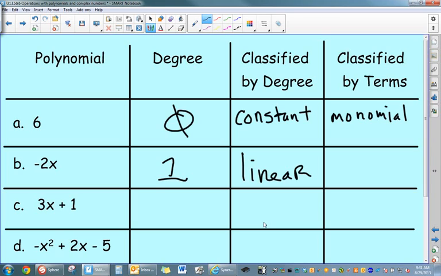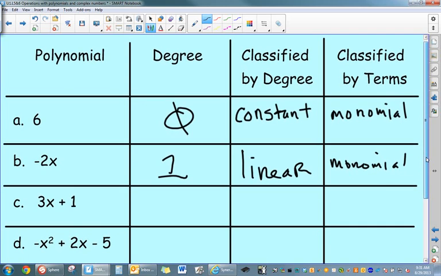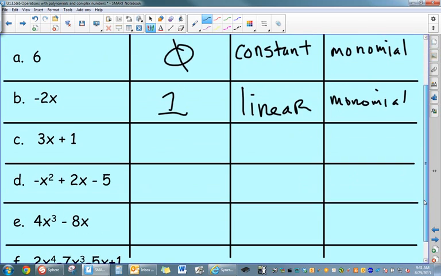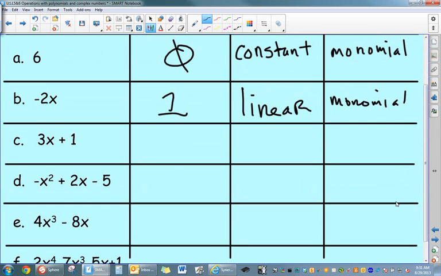So, Tyler, what is it? Classified by terms, what is it? Next is 3x plus 1. Victoria, what is the degree? Very good. Classified by its degree, it's first degree.